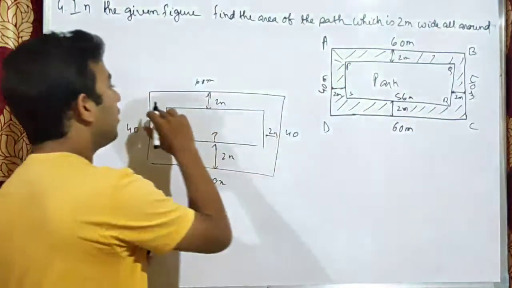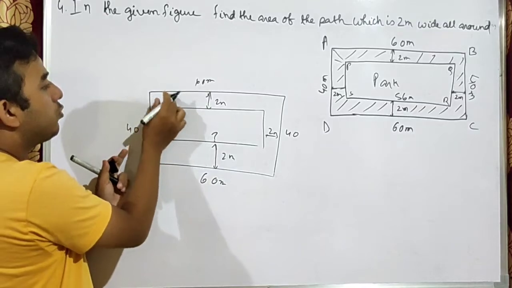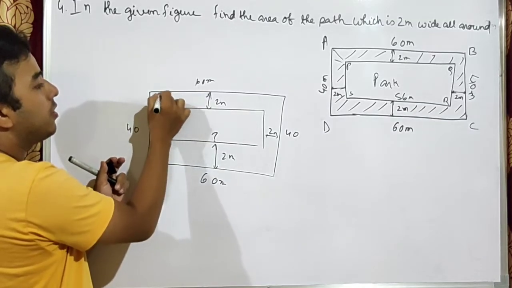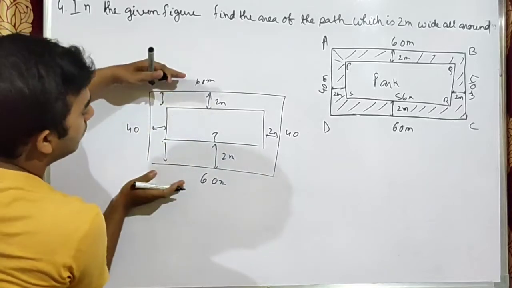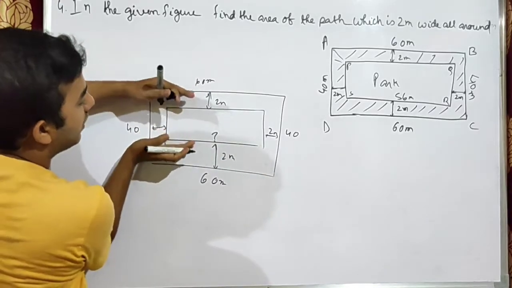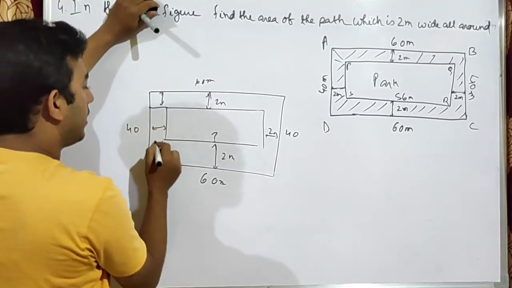Now for the breadth we have to take reference of this. This part is also 2 meter, this path is 2 meter, this is also 2 meter. So from both sides we are compressing, right? We are cutting 2 meter, then we can easily find out this length, right?